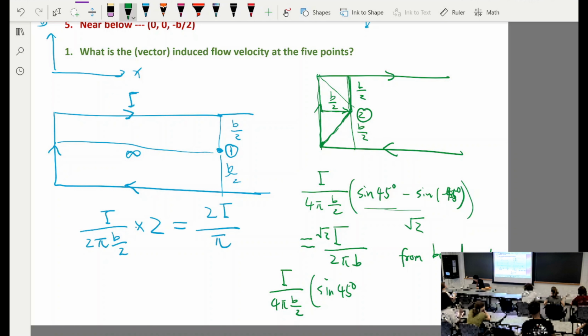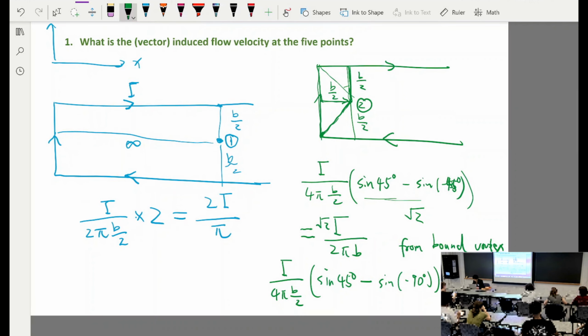And the angle would be this angle. So 45 degrees minus sine of minus 90 degrees. So that would be a little bit different. So it'll be gamma over 2 pi b times 1 plus square root of 2 over 2, right? So that's from each trailing vortex.